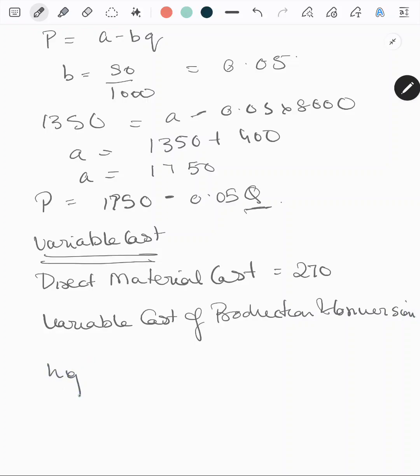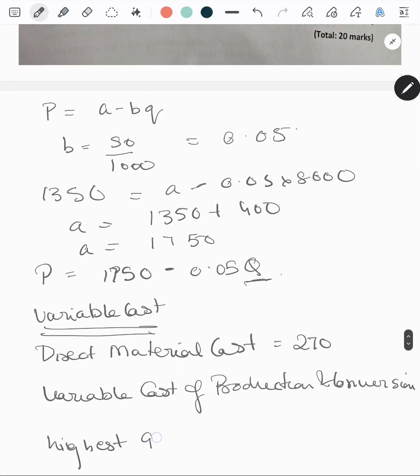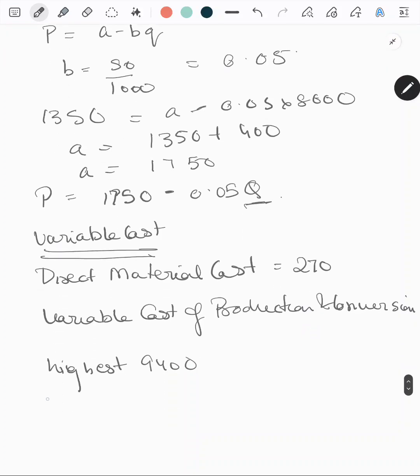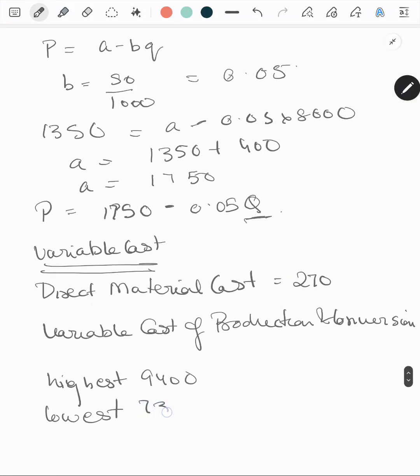The highest is 9,400, lowest is 7,300. Difference between both of them is 2,100. So this is the units.